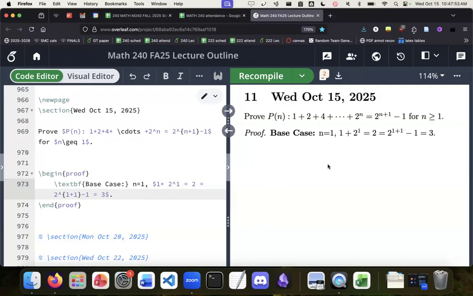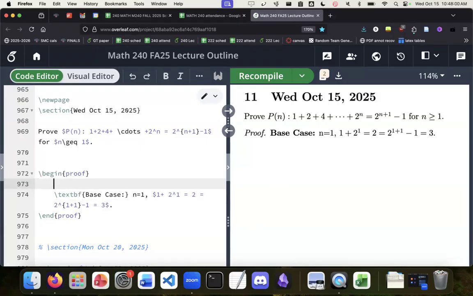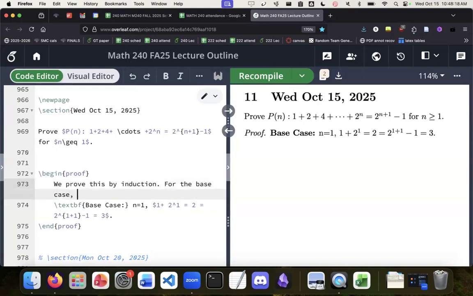But the thing is, now we need to flesh it out a little bit and tell the story about it. I would not recommend starting with the base case. I would recommend instead starting with something like, we prove this by induction, and then we can say for the base case, and if I want to specify what n is for this situation, I can say n equals 1.